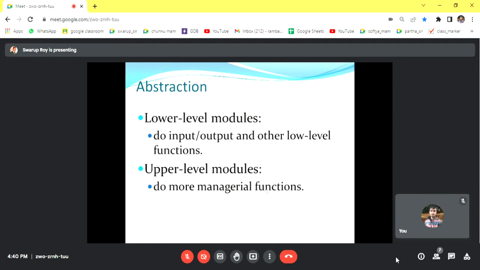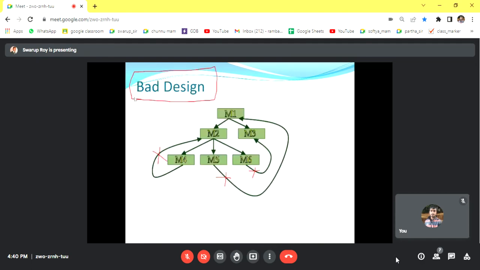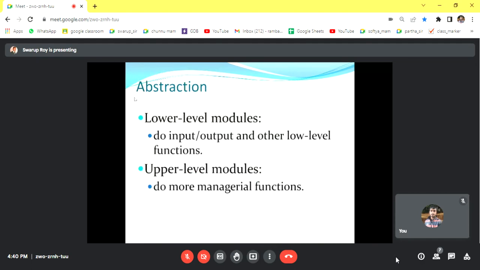Now, another type of arrangement: one is low fan out, which we have seen, and another is abstraction. What is abstraction? The lower level modules we have seen here, like M4, M5, M6, only do the input output, and the upper level modules basically do the managerial task, that means the controlling task.